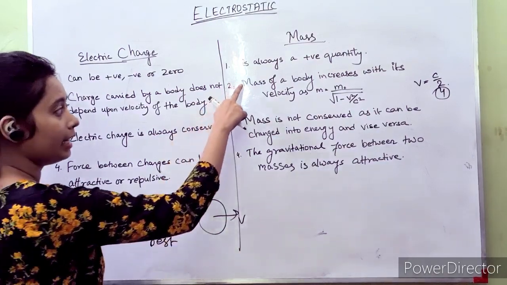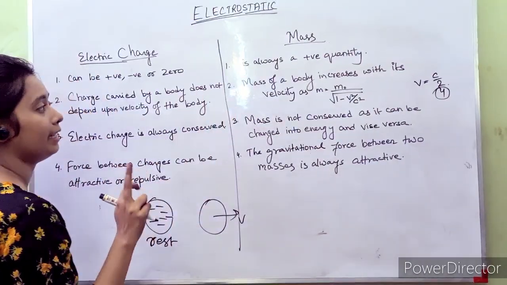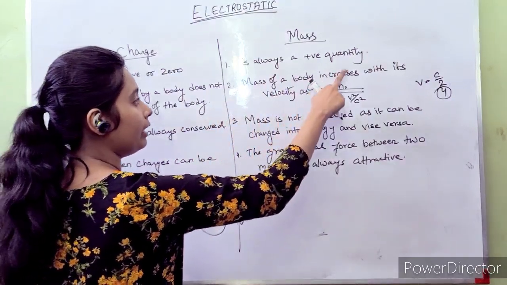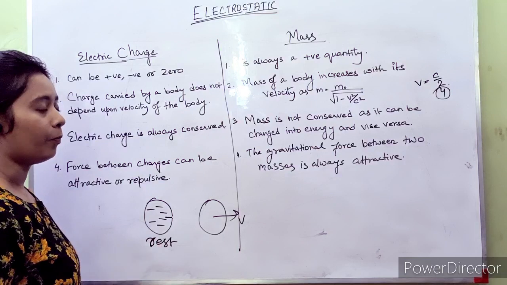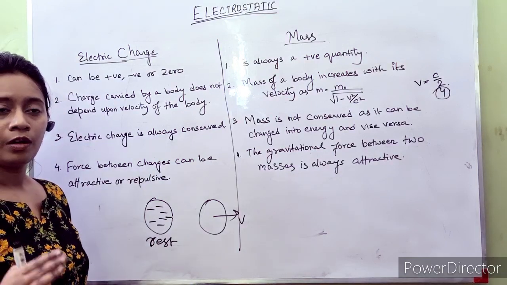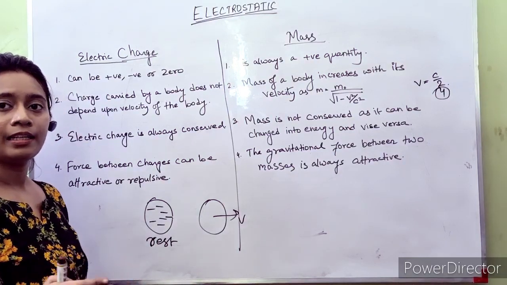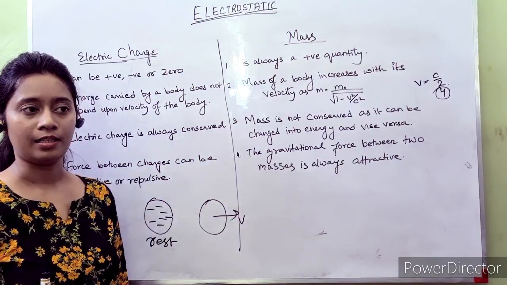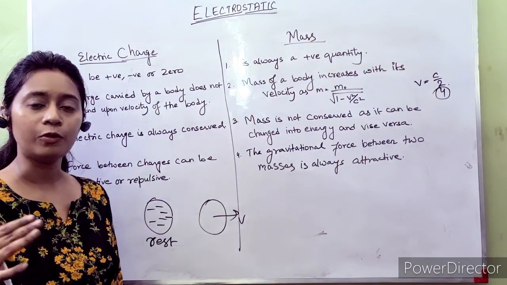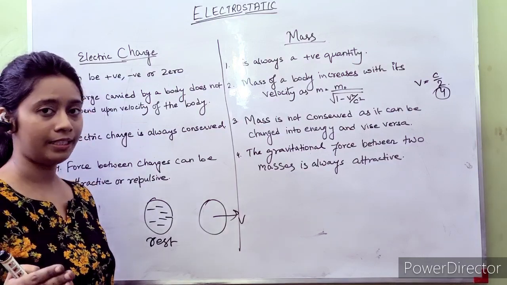But in case of mass, that is not the case. Mass of a body increases with its velocity. When a body is at rest, whatever mass it has is known as its rest mass. But when the body starts moving, its mass increases.